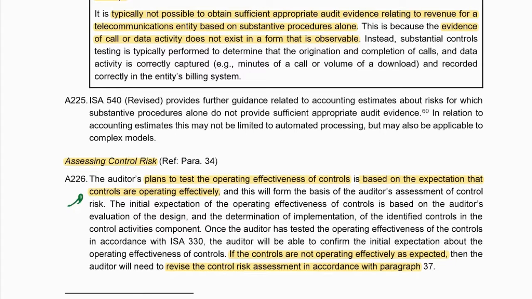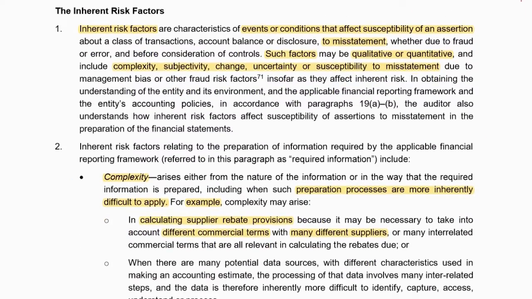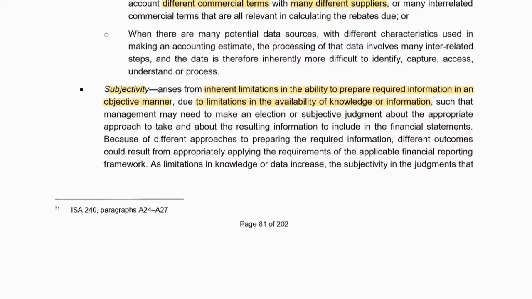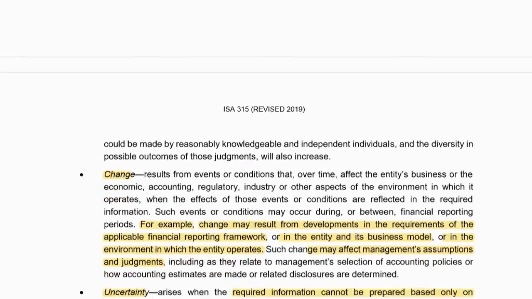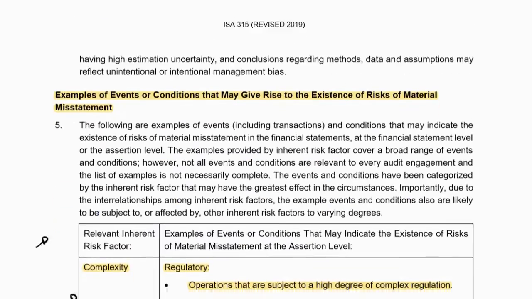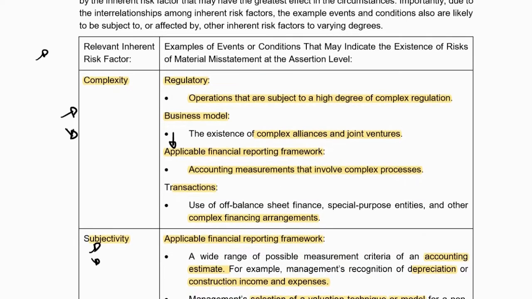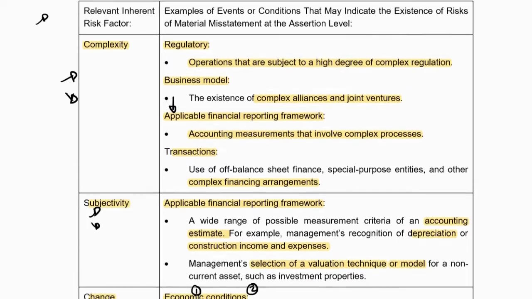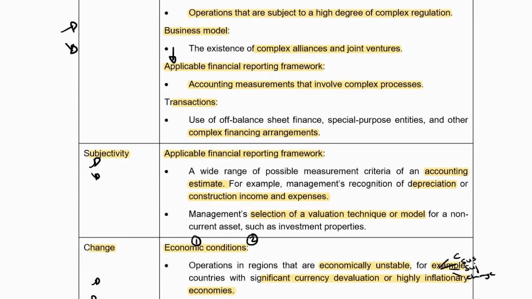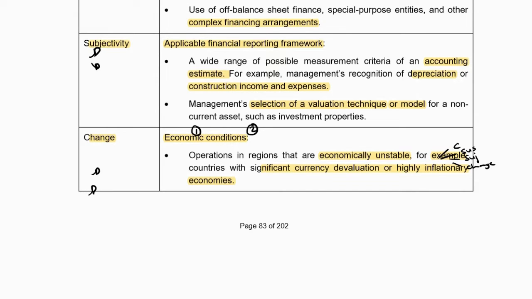Okay, so let's quickly go and have a look at Appendix 2, and it explains the complexities around the recording of something, so that there could be a risk at the financial statement level or assertion level, and then you've got your examples. And there you can see anything with regard to regulatory requirements or concerns with the applicable financial reporting framework, or where there's subjectivity, but that could be more applicable to an assertion level.